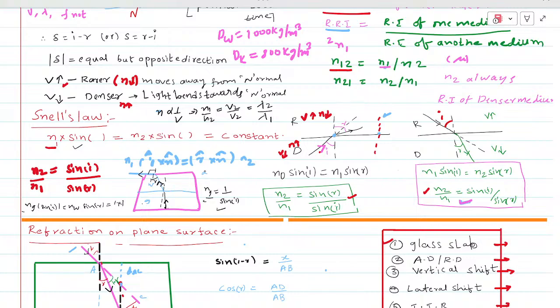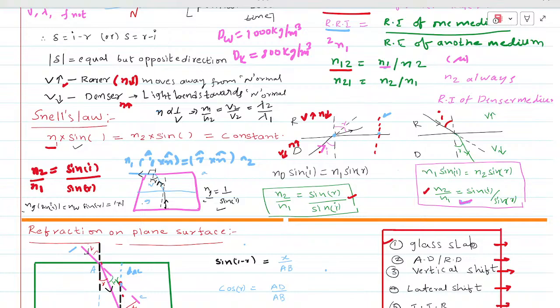This is the vector form. I will try to explain with an example. Suppose 6i cap plus 8j cap plus 10k cap is given. Here the incident ray is in the xy plane, so the z axis will be the normal.